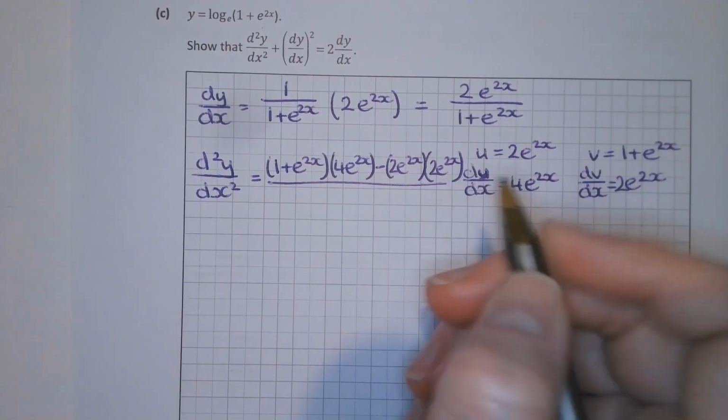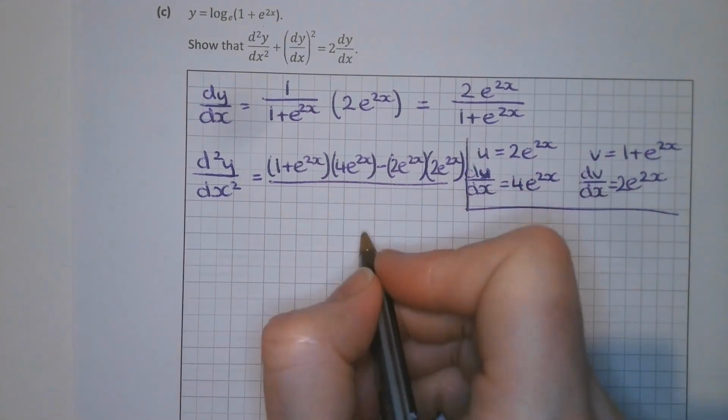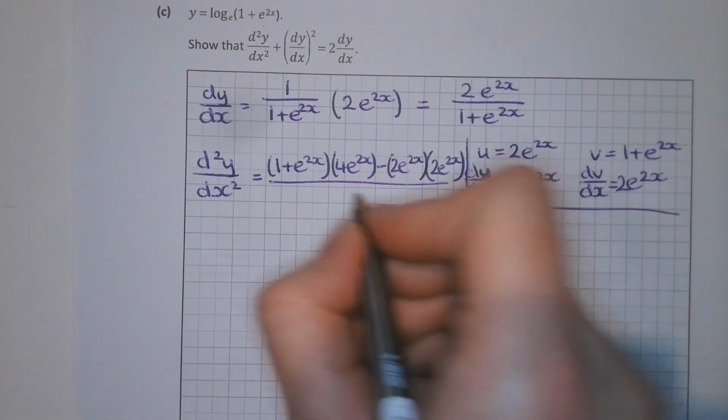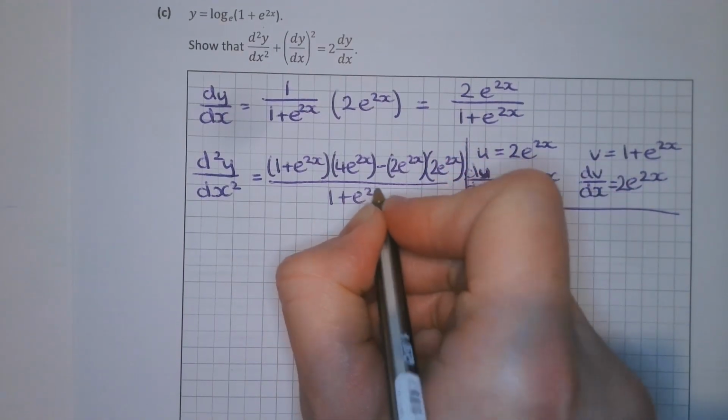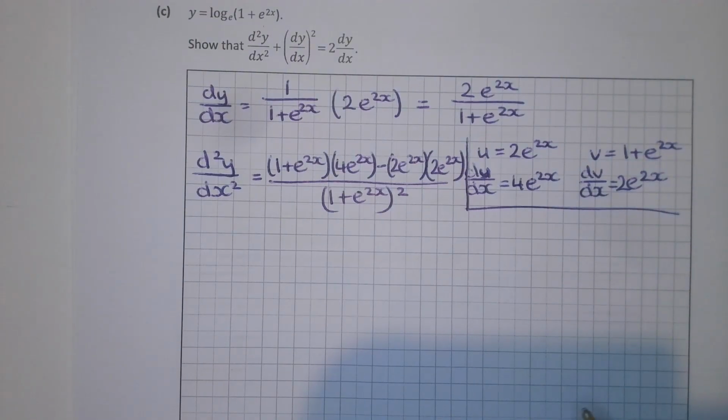And that's all over our v squared. I'll put a line just to keep that to one side. Our v squared is our 1 plus e to the power 2x, and that is to be squared. So that's just using our quotient rule to work that one out.